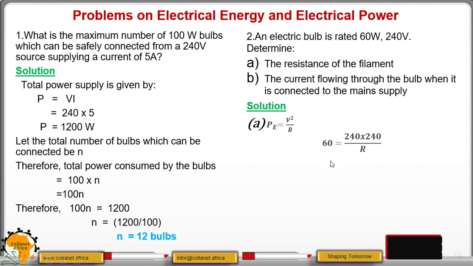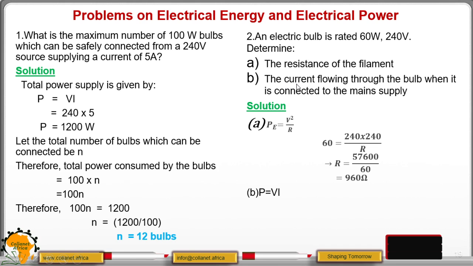Therefore, substituting the values, we have power, which is 60, equal to 240 times 240 divided by R. So making R the subject of the formula, it will be 240 times 240 divided by 60. And when you do so, you find that R will be equal to 960 ohms.